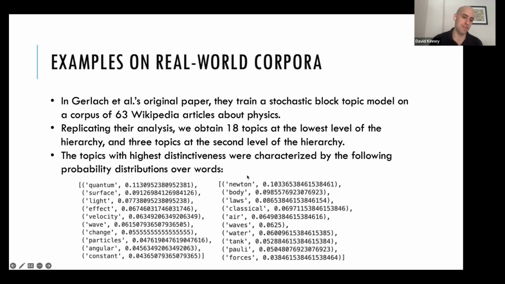So just looking at the first words in these two topics, quantum and Newton, I think you can see right here that we've got these 63 Wikipedia articles. What are the most distinctive topics at that lowest level of analysis? Well, it's one topic about quantum mechanics and one topic about classical mechanics, right? And we see that both of these topics are fairly well preserved when we go up to that second level of the hierarchy, where now we only have three topics.